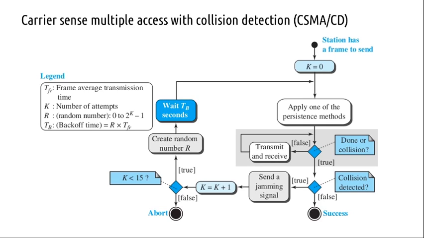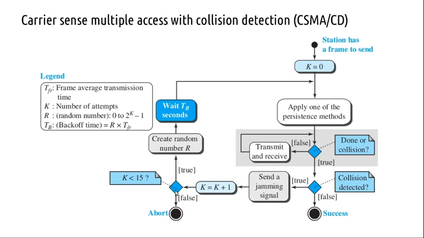When it senses a collision, it sends a jamming signal, a unique signal to all other nodes over the channel indicating that a collision has occurred. You all withdraw from transmission.